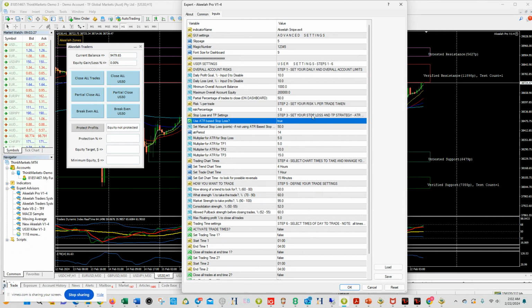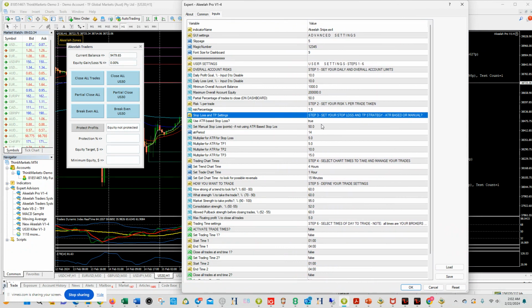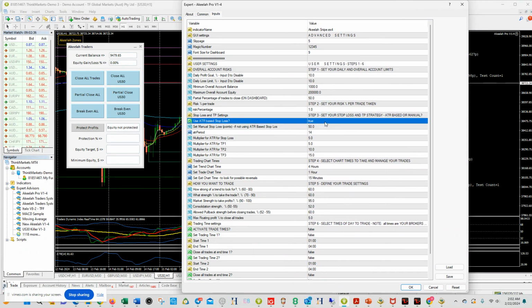Next thing, we have the ability to define how we want to use our stop loss. We can either use an ATR based stop loss, which is just going to look at the average true range of the market at whatever time it sees an opportunity to buy or sell. It's going to use that as my basis for determining my stop loss.